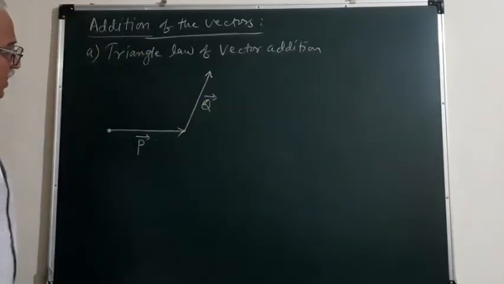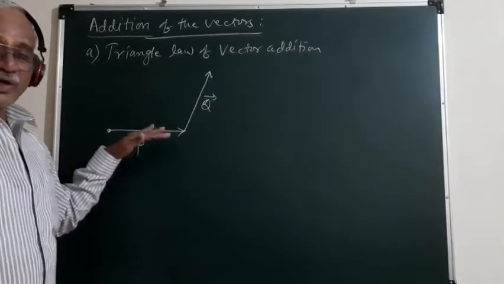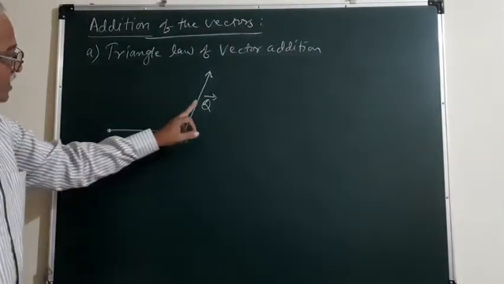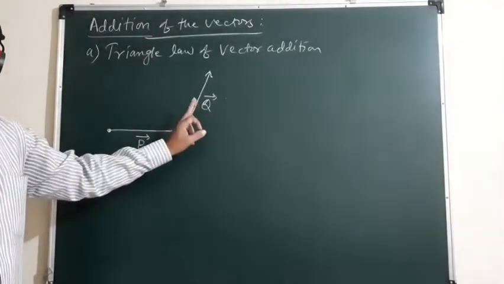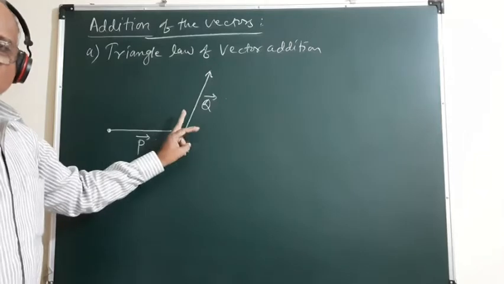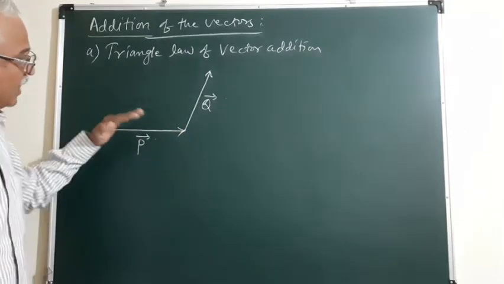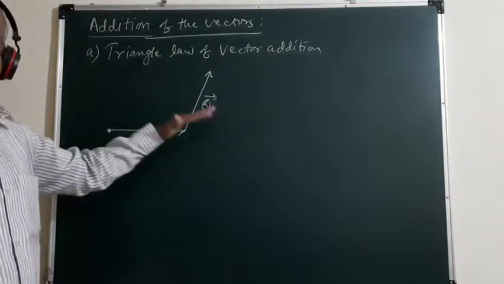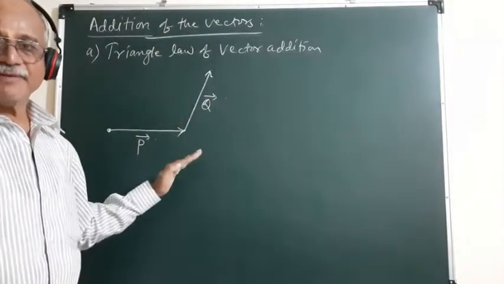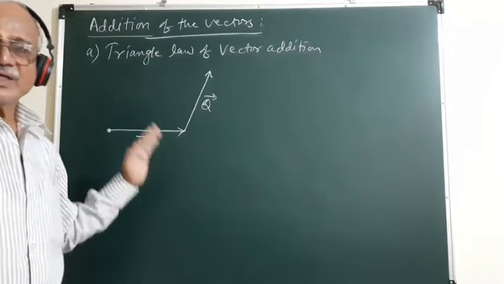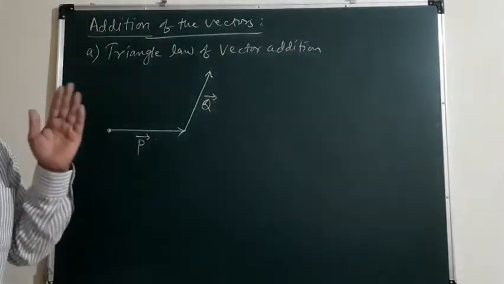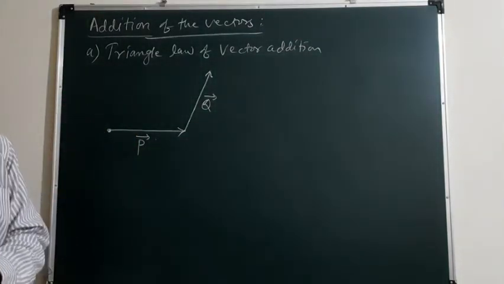So here we observe that the second vector q bar starts from the end point of the first vector p bar, and when we arrange these two vectors in such a way, the two vectors are said to be arranged in order.